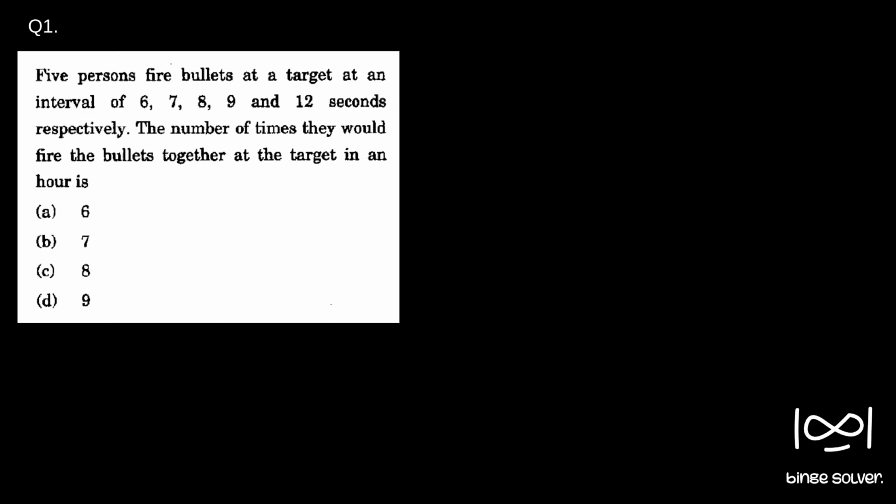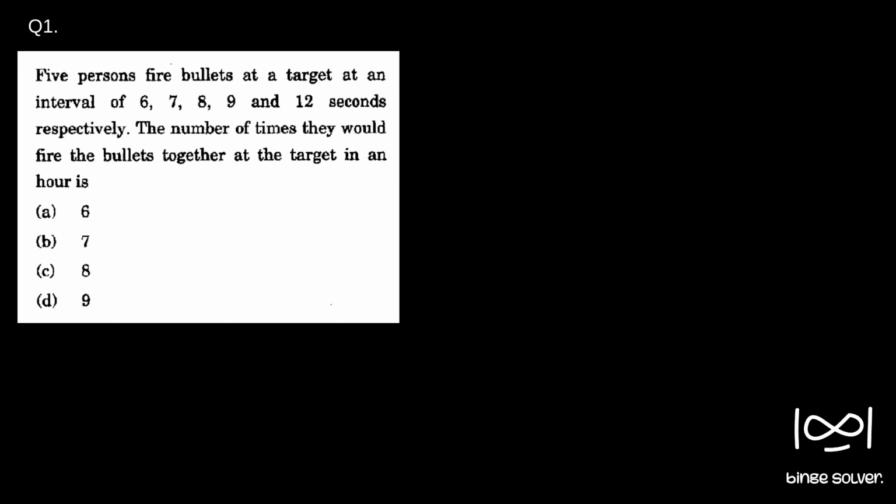So question 1. 5 persons fire bullets at a target at intervals of 6, 7, 8, 9 and 12 seconds respectively. The number of times they would fire the bullets together at the target in an hour is. In such questions, 5 people are firing their bullets at a constant interval.